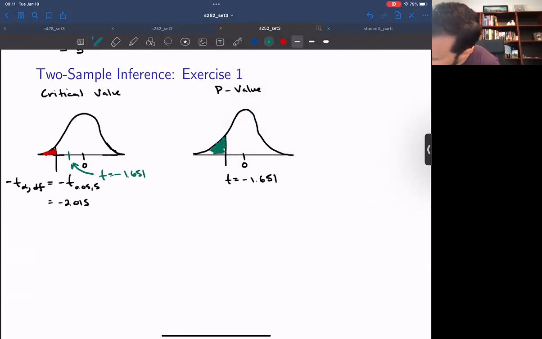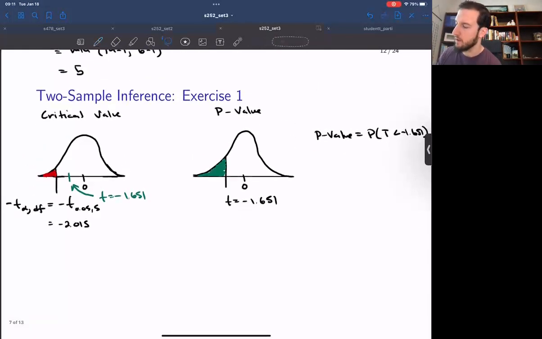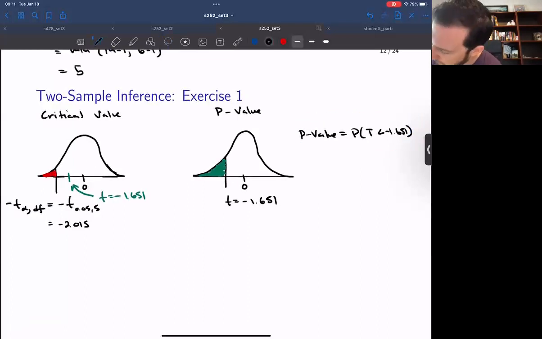All right? So in this situation, the p-value is the area to the left of the test statistic because it's a lower tail test. So since it's a lower tail test, we want the area below our test stat. So here we can write the p-value is the probability t is less than negative 1.651. Okay. And then what we have to do is find an expression for the probability that a t-value is less than negative 1.651.